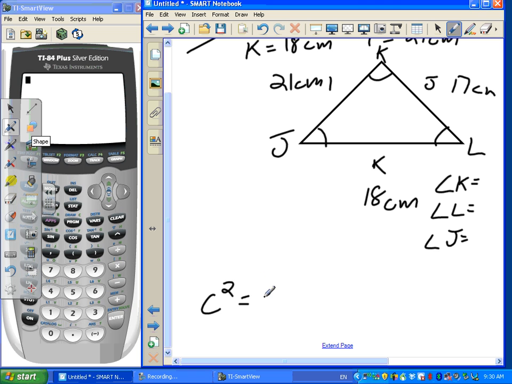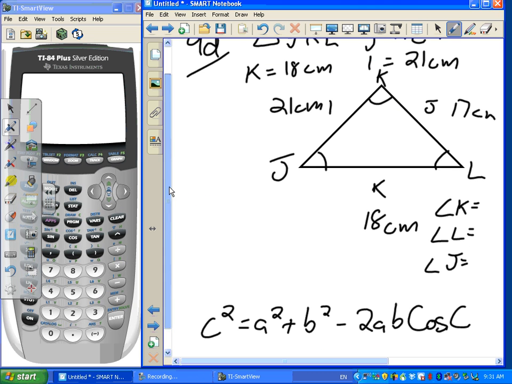C squared equals A squared plus B squared minus 2AB cos C. Now, if you look, we have an A, B, and a C. They have a J, L, and K. I'm going to have to rename this triangle. I'm always solving for, in the cosine law, the C, whether it's the side or the angle. In this case, I have every side, so I'm going to be solving for the angle.